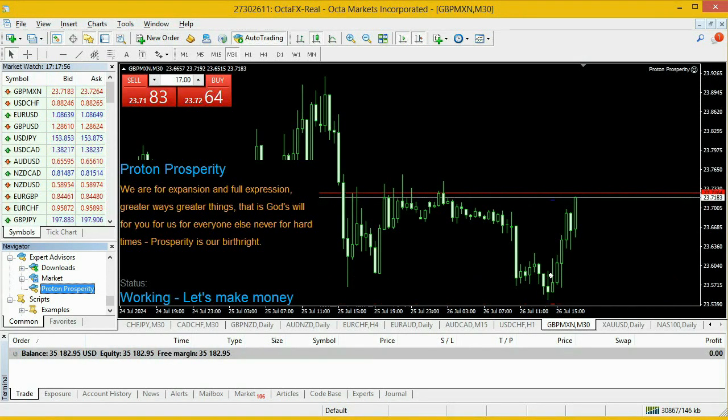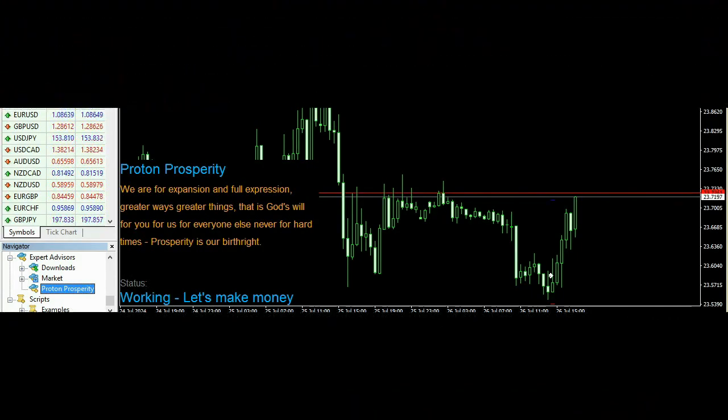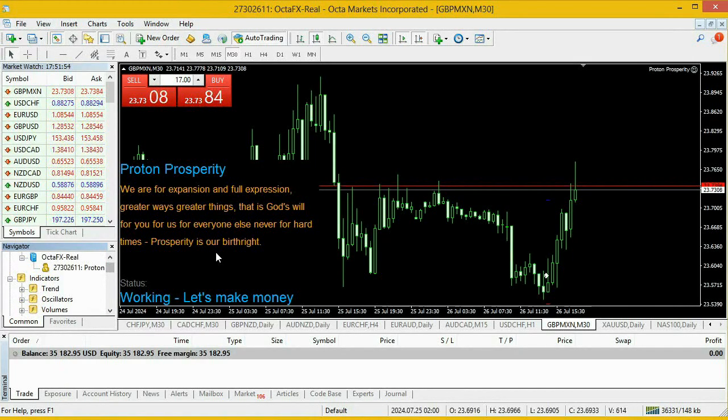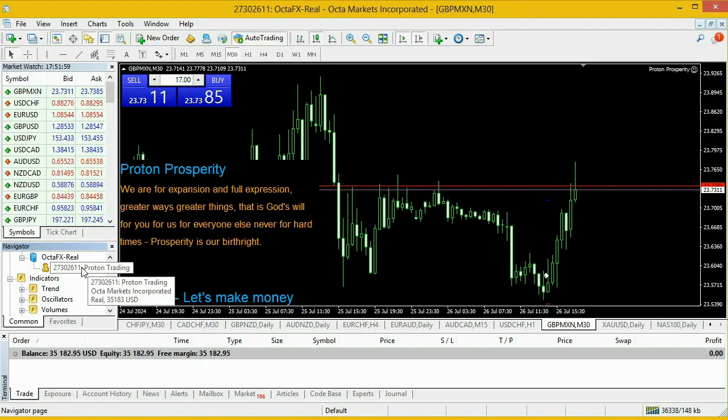Take profit triggered. And our take profit is triggered. That's how we turned $100 to over $35,000 using Proton Prosperity. As you can see, this is real money, this is a real account.